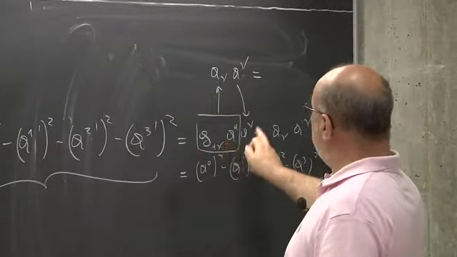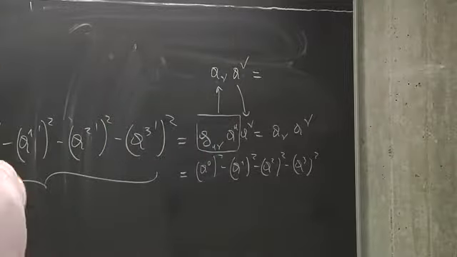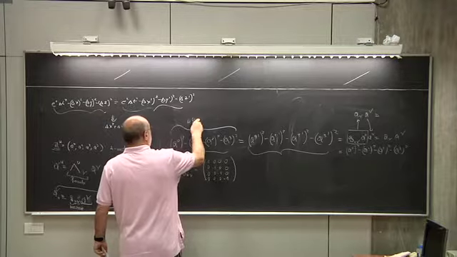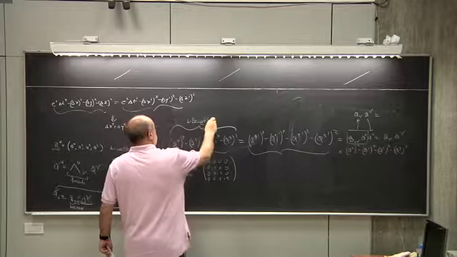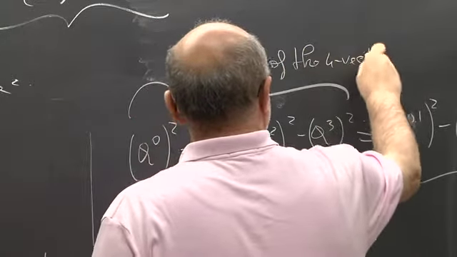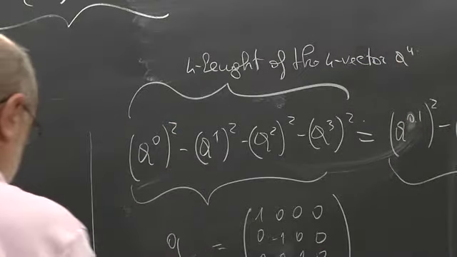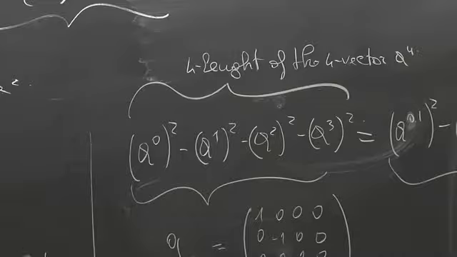Now, if you do this explicitly, you get this expression that is the 4 length of the 4 vector a^mu. Okay? Now this is the nomenclature that we will keep.